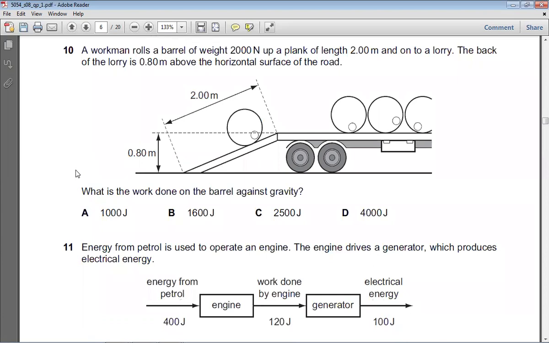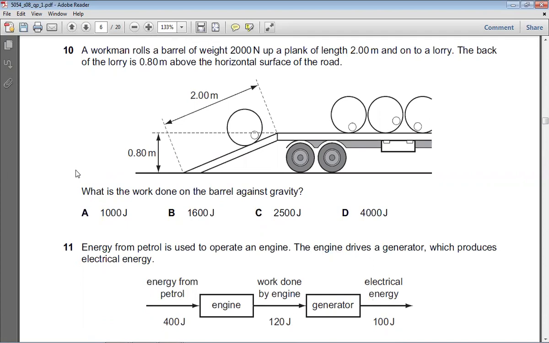A workman rolls a barrel of weight 2000 Newton up a plank of length 2 meter and onto a lorry. The back of the lorry is 0.80 meter above the horizontal surface of the load. What is the work done on the barrel against the gravity?